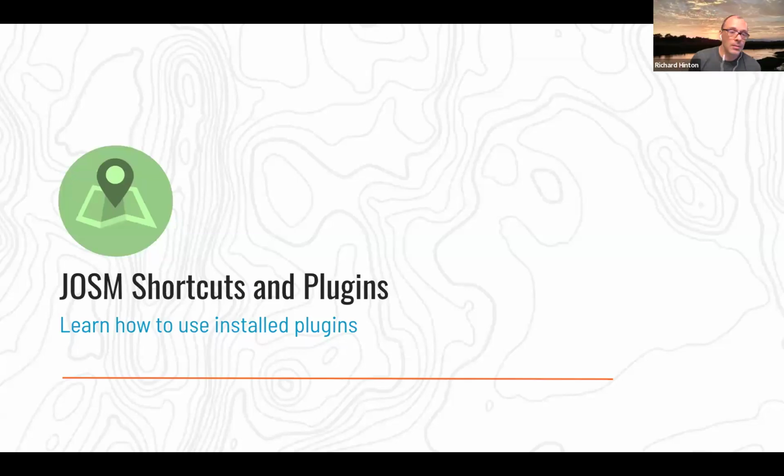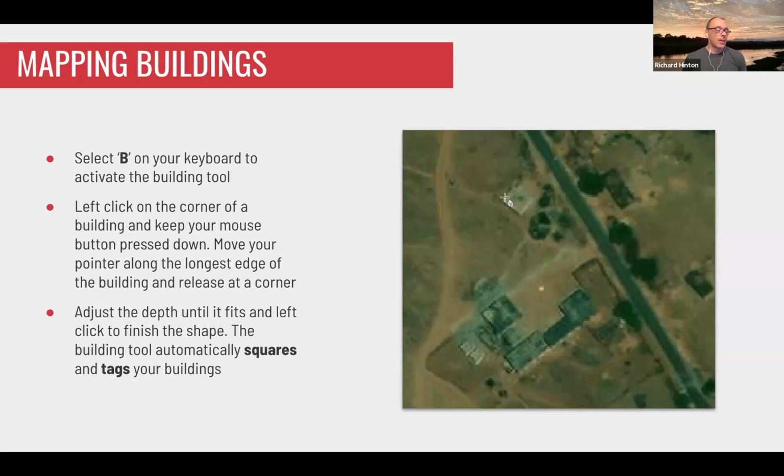Awesome. Thank you, Nasa. That's great. So now we're going to talk specifically about a couple of shortcuts and plugins. And as you saw, as Nasa was working through it, she was showing you the menu item and then identifying the shortcut. So another cool thing with JOSM, and you see it with ID as well, all the tools have some sort of shortcut, either a single keystroke or maybe a pairing or a triple sort of keystroke together that will invoke this tool.